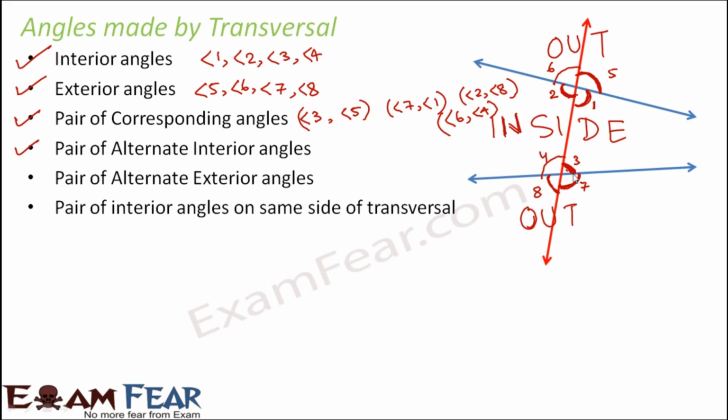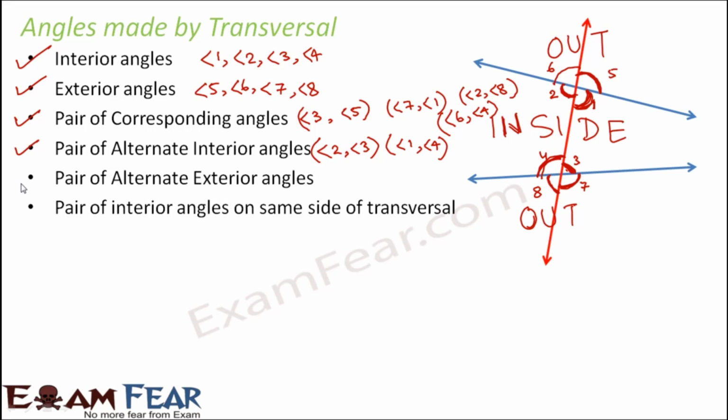So 2 and 3 are located on alternate sides. So you can say that angle 2 and angle 3 form a pair of alternate interior angles. Similarly, angle 1 and angle 4 form a pair of alternate interior angles because these are also located on the interior side and they are located on alternate sides to each other.